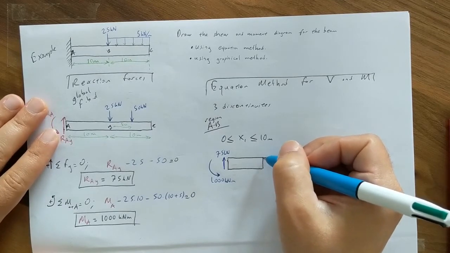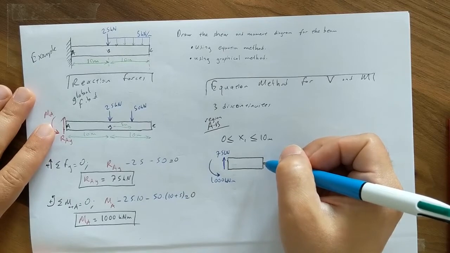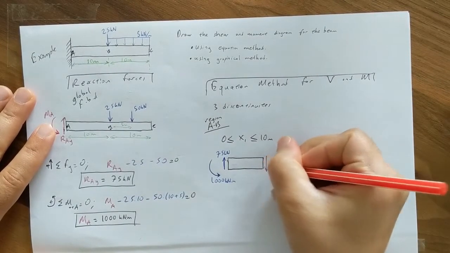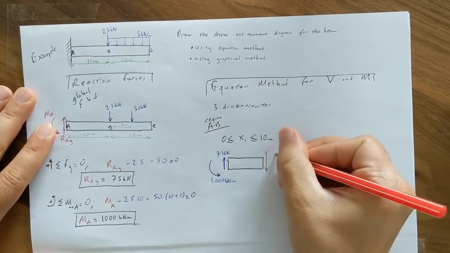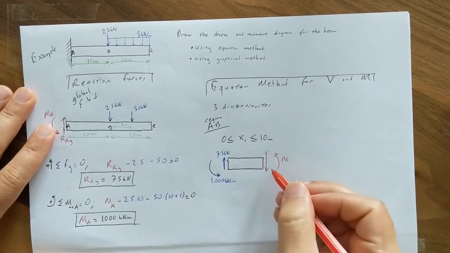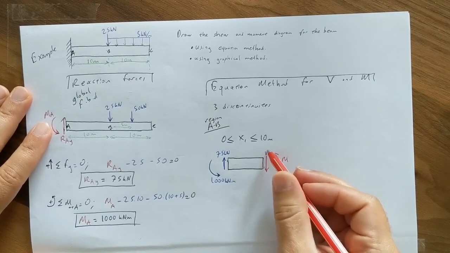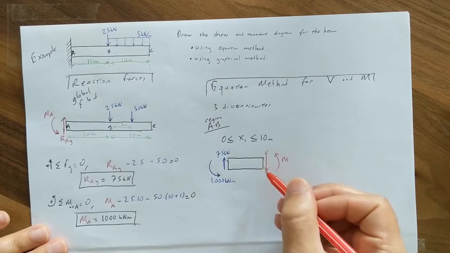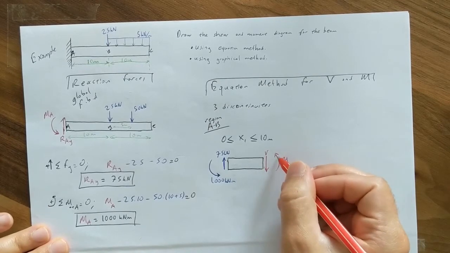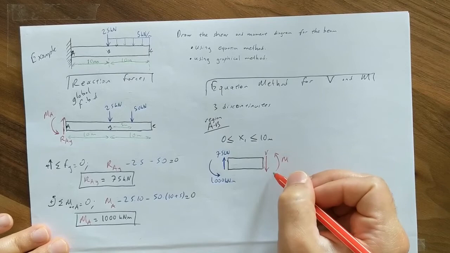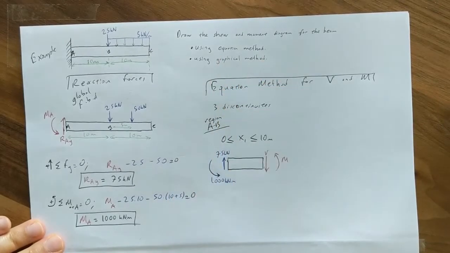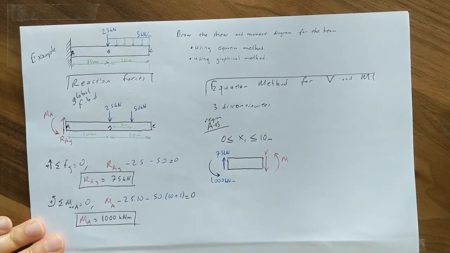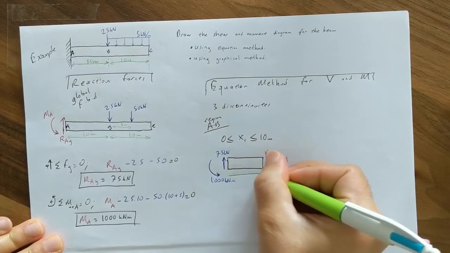Therefore the only things we plot are the internal loadings V and M. Be careful that we choose positive sign convention when we show internal loadings. For V it is downward, for M it is counterclockwise direction. When it comes to drawing the shear moment diagrams, these are the positive sign conventions. I also need to show this x1.